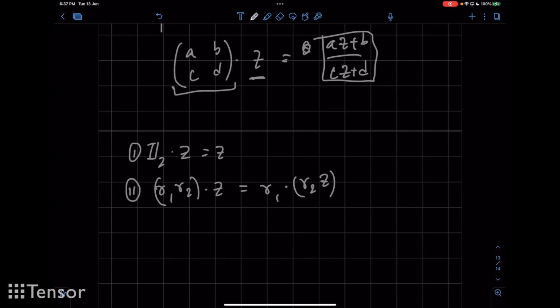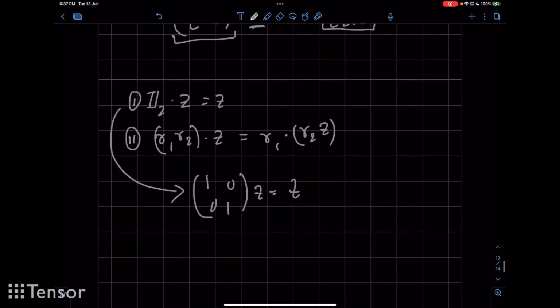Here gamma 1 and gamma 2 are elements of SL2Z. Checking the first one is really easy. The identity matrix (1, 0, 0, 1) acting on z is simply 1z plus 0 over 0z plus 1, so this is simply z. There's nothing to check.